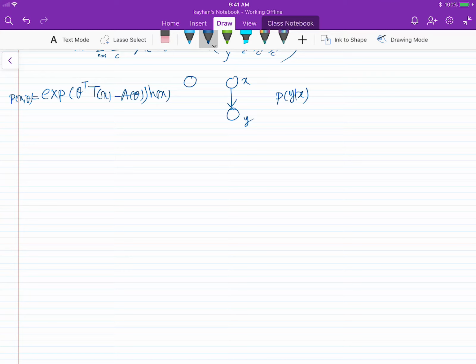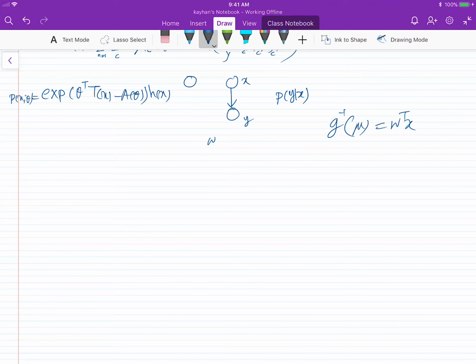If we parameterize a function of the mean of this distribution with a linear function of x, we can compute the maximum likelihood in a very closed form.